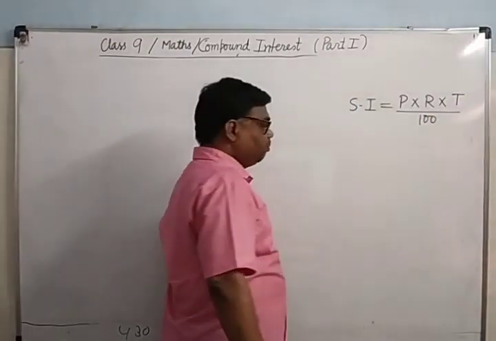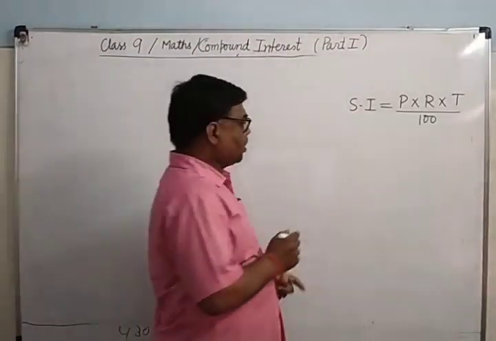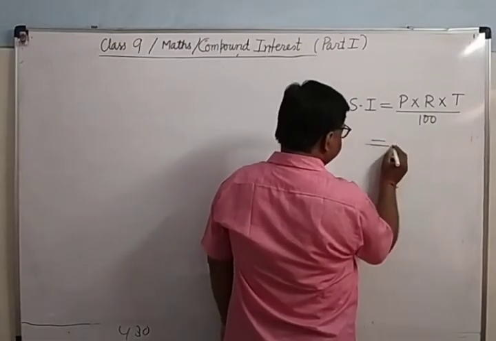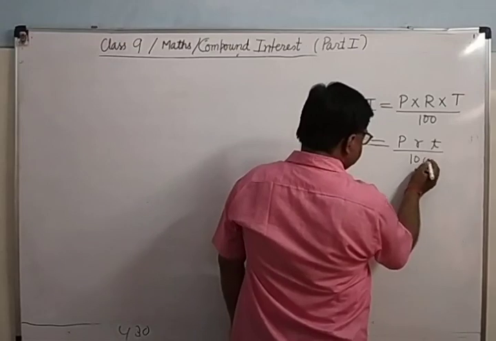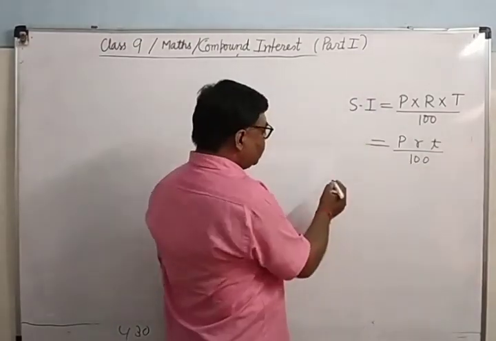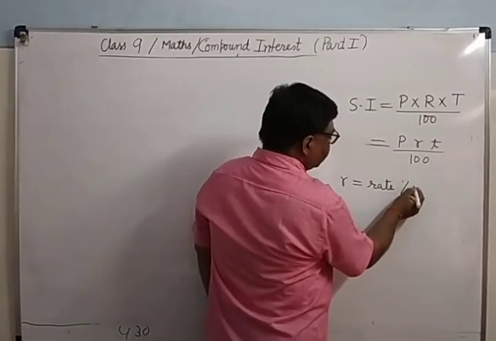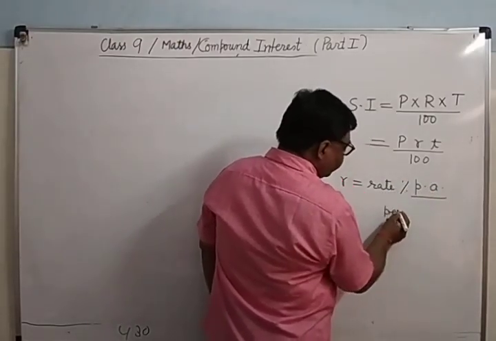P is the principal. R is the rate percent per annum. What is the meaning of per annum?